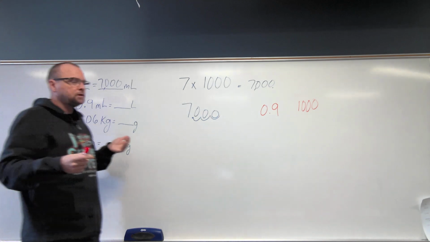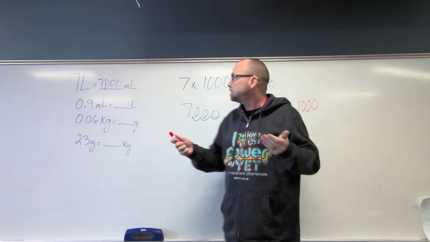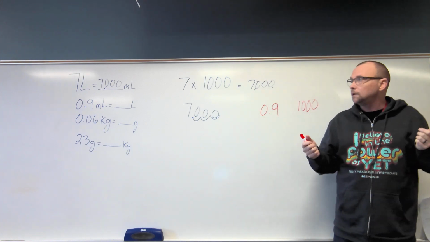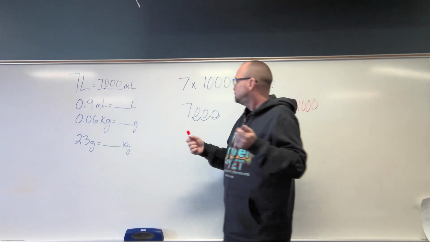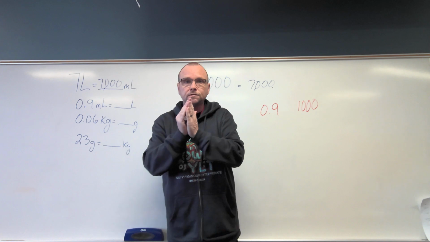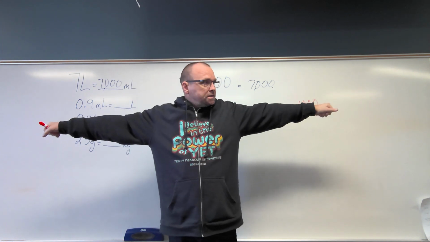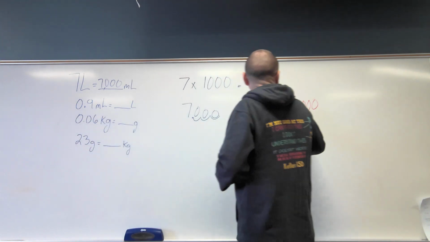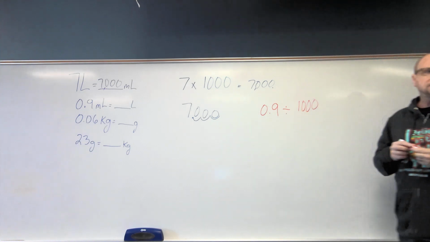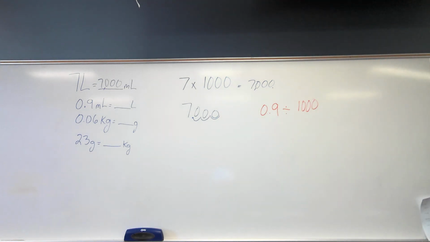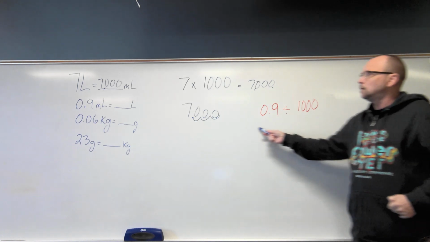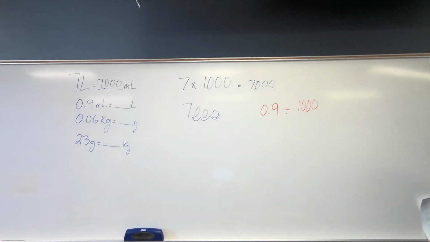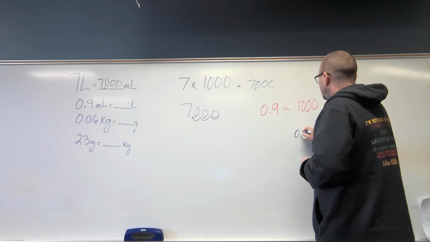And we've already said liters are bigger than milliliters. So I'm going from milliliters to liters, which means I'm going to divide by 1,000. I have my 3 zeros, so I'm moving my decimal point to the left 3 times.